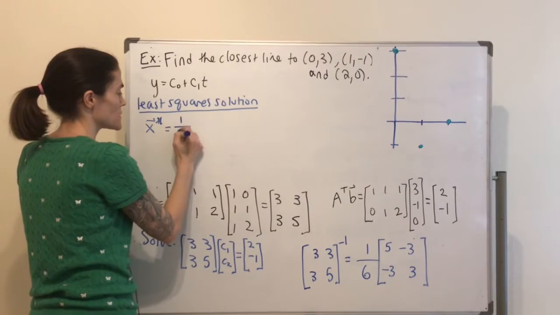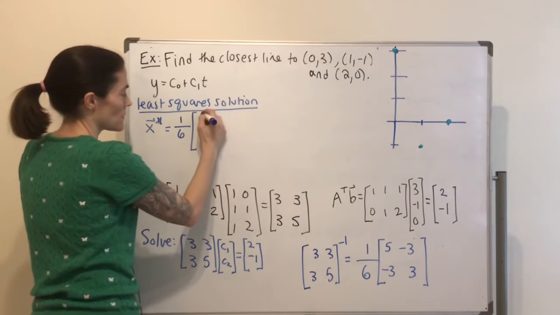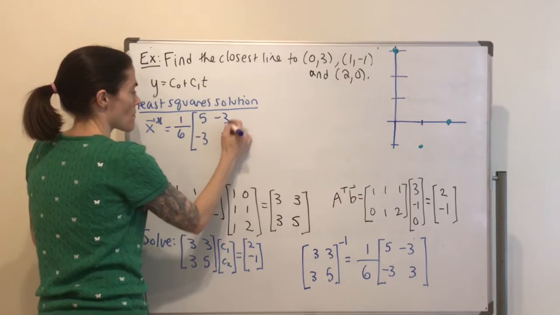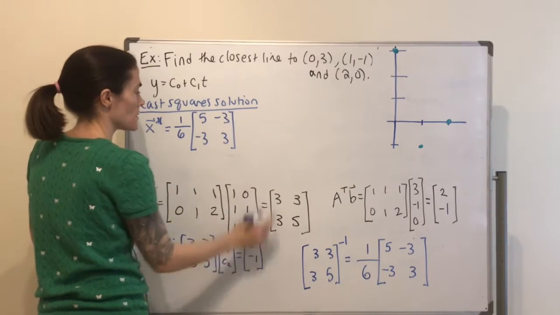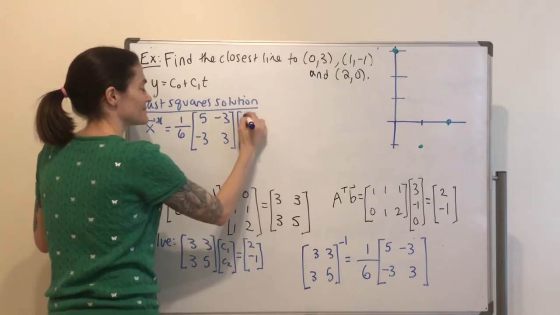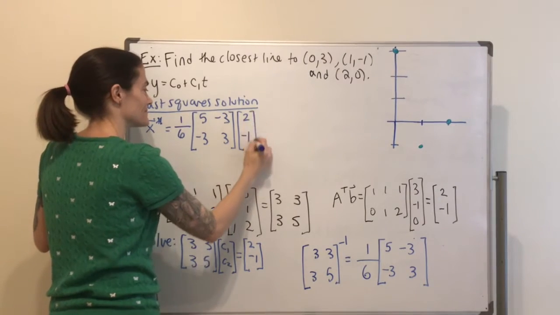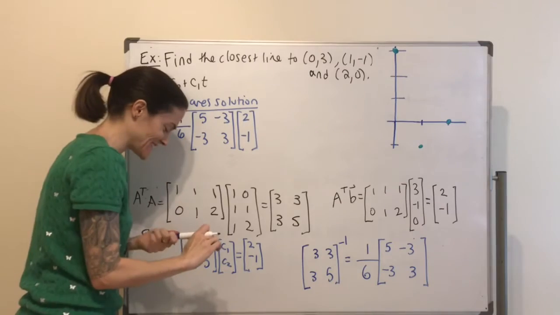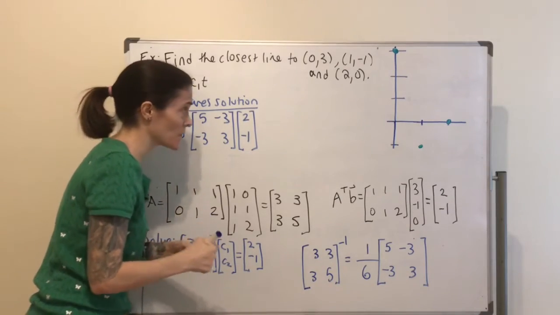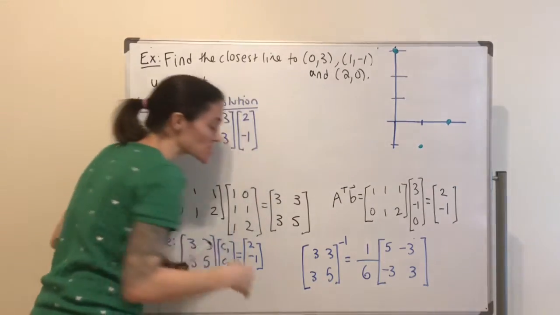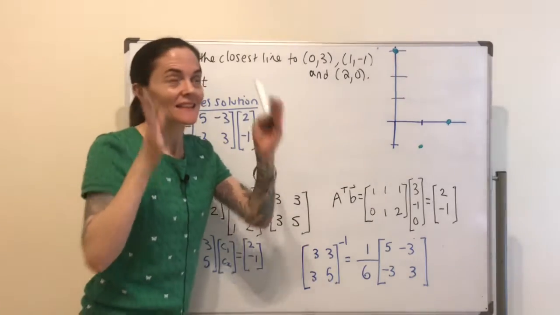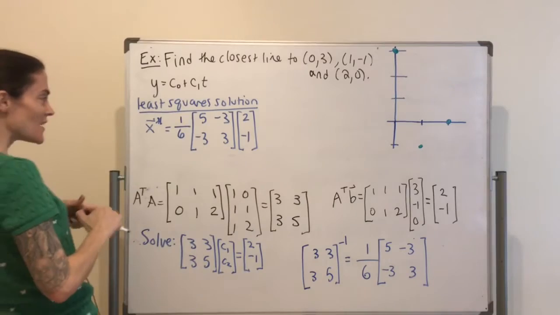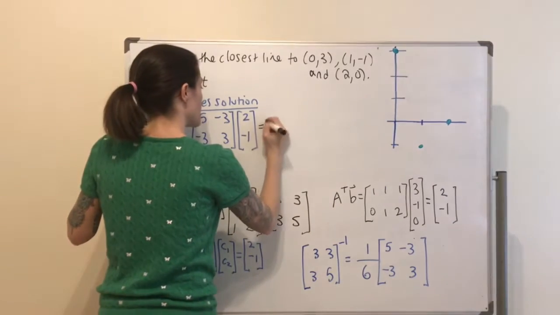We'd get 1 over 6, this matrix, times here. Okay, well now we just have to do this, and we will have x star, and then we will look at it in the picture. We're going to talk about this, the length of b minus ax star in this example too. Okay, great. So what do we get here?